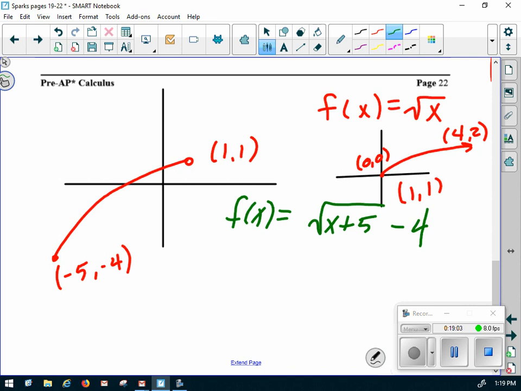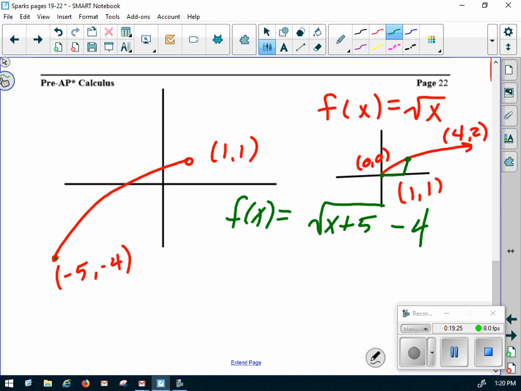How do you know? Because on this one, to get from this first point to the point 1, 1, you go right 1 and up 1, correct? How do you get from this point to the next point you can tell? You go right 1 and up 2.